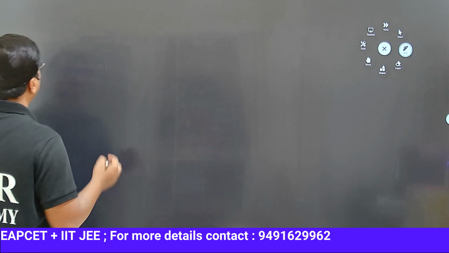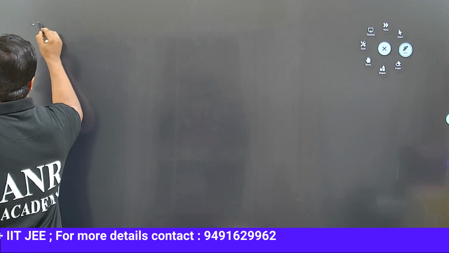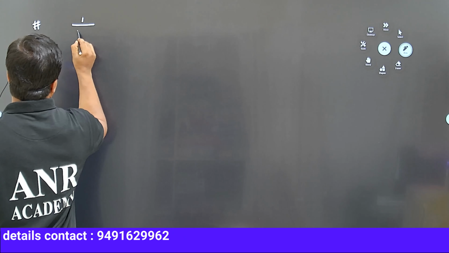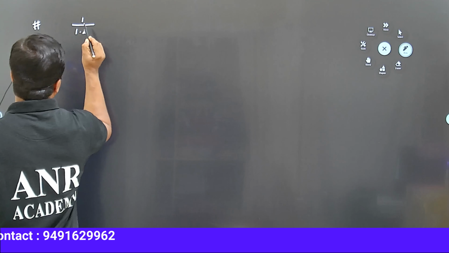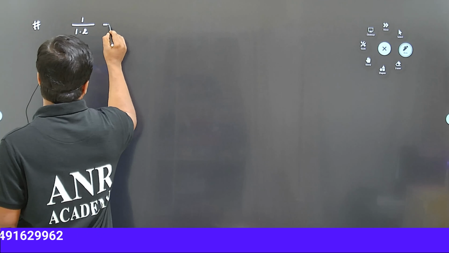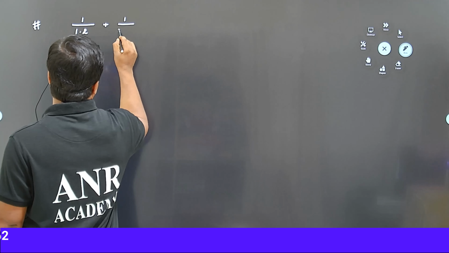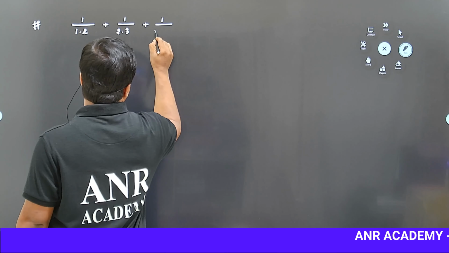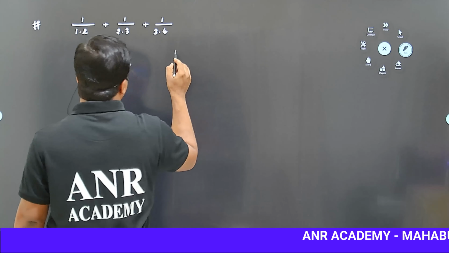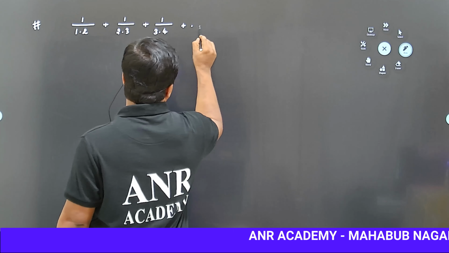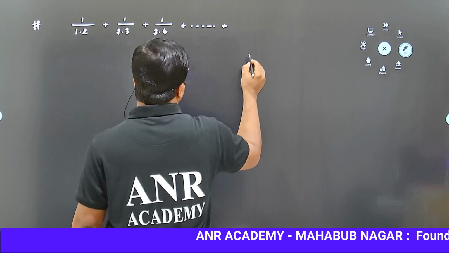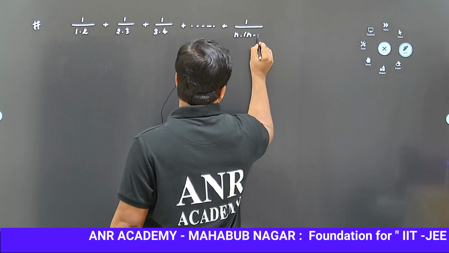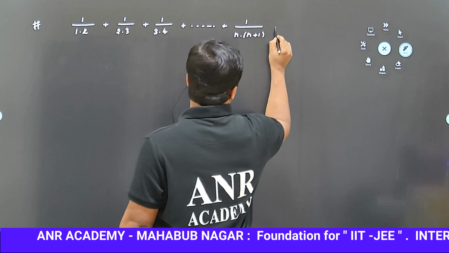Let us see. Suppose the question: you have first term 1 divided by 1 multiplied by 2, plus second term 1 divided by 2 multiplied by 3, next term 1 divided by 3 multiplied by 4, plus and so on, nth term 1 by n multiplied by n plus 1.